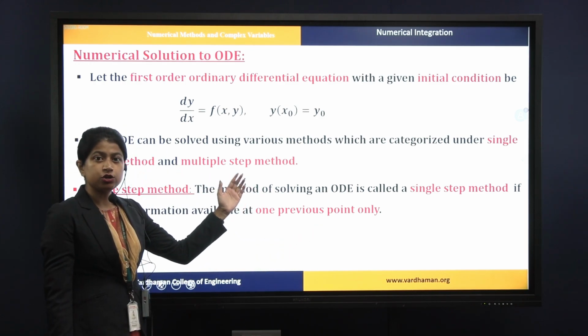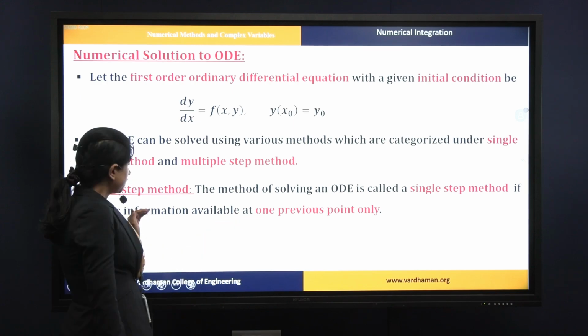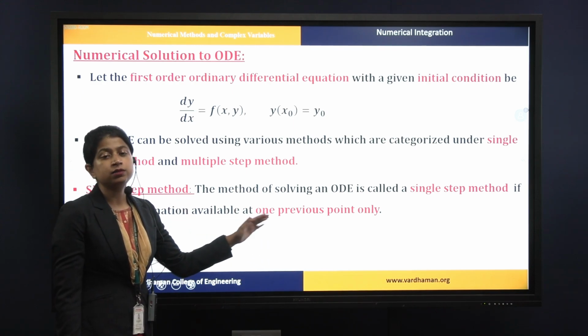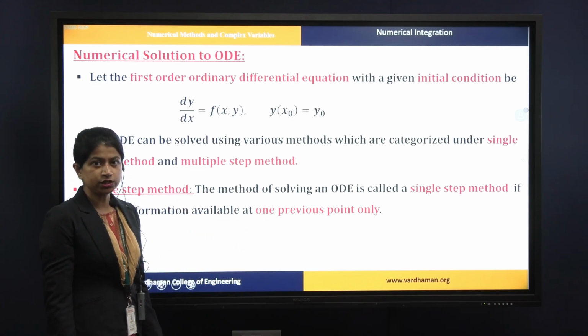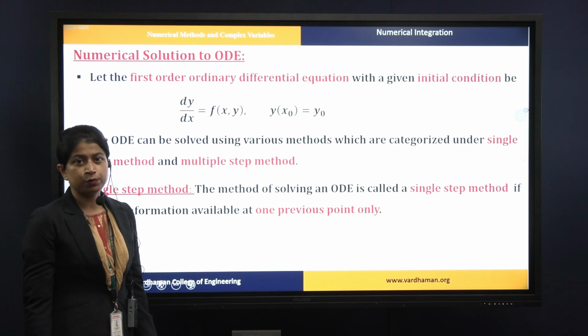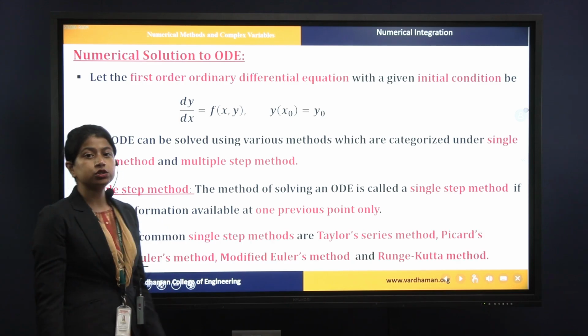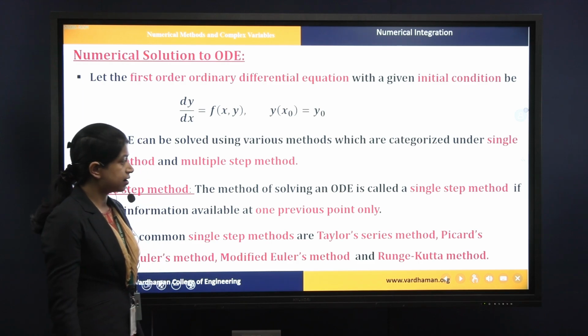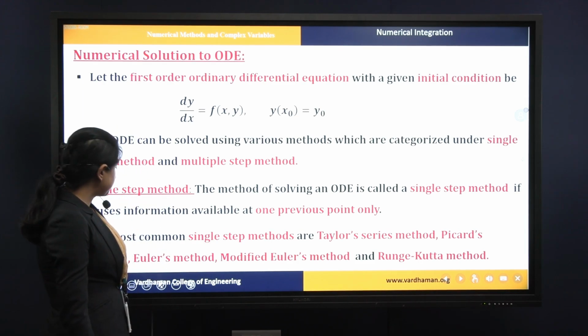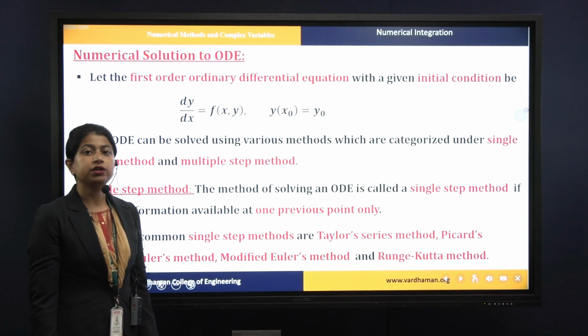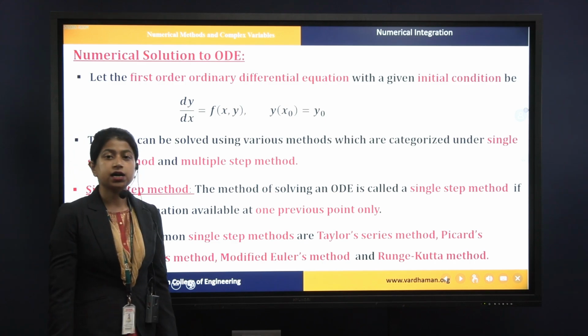Multiple step methods are those methods which use information available at more than one previous points to find the next point. Here we will consider only single step methods. So most common single step methods are Taylor series method, Picard's method, Euler's method, modified Euler's method and Runge-Kutta method.